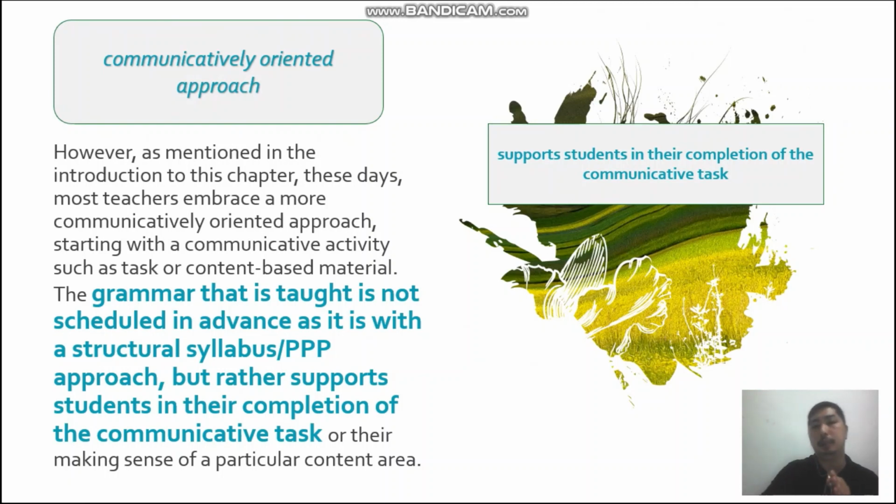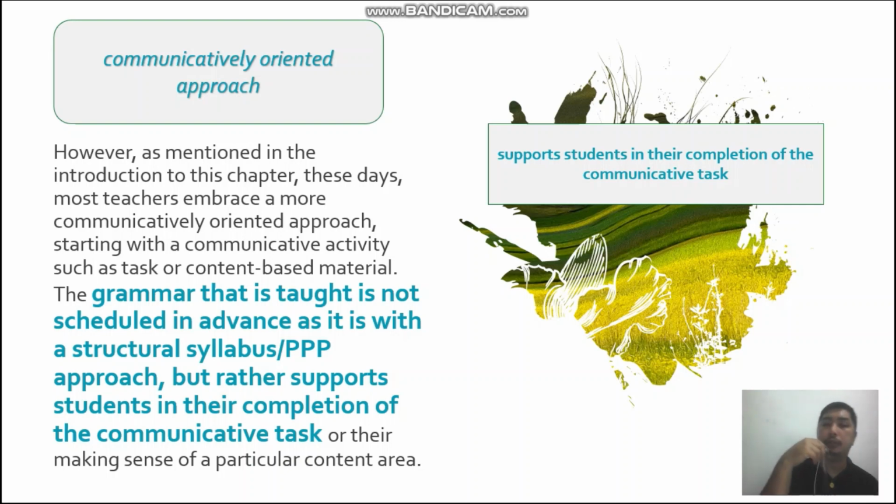Communicatively oriented approach. However, as mentioned in the introduction to this chapter, we introduced last time that nowadays teachers embrace a more communicatively oriented approach, that there are a lot of teachers who would want their classes to be communicative.